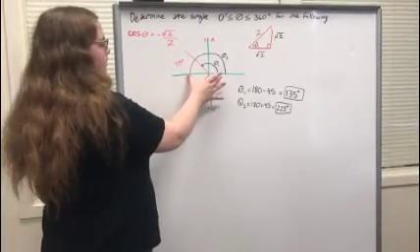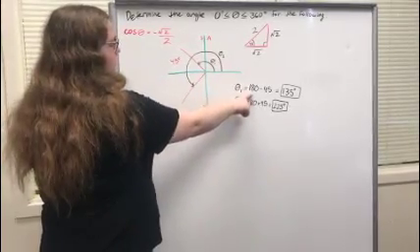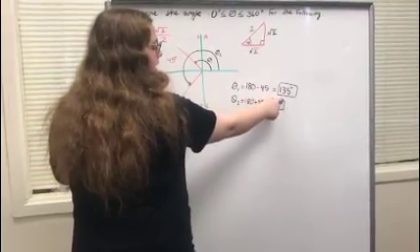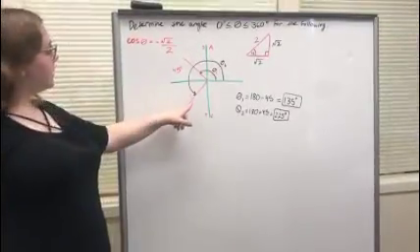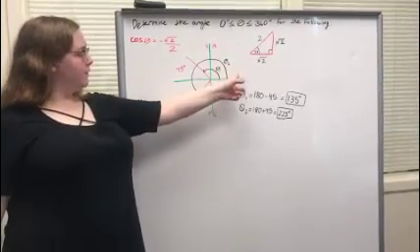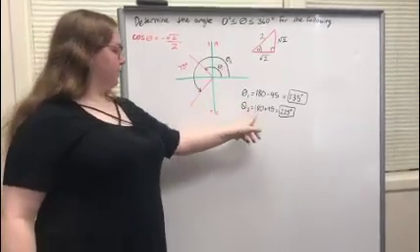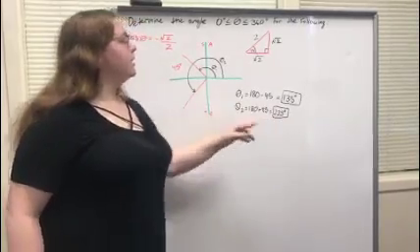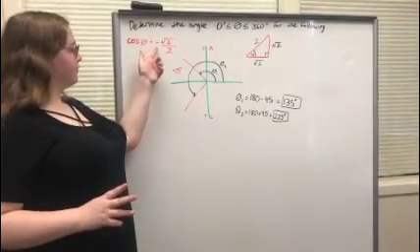Well, we know that these two angles combined here, this quadrant and this quadrant, is 180 degrees. So we're going to take that and subtract the reference angle to get 135 degrees as our angle for theta 1. For theta 2, though, we are going to take this angle of the first and second quadrant and add it to our reference angle of 45 degrees. So for theta 2, we get 225 degrees. Those are the two possible angles that we could get for cosine theta equals negative square root 2 over 2.